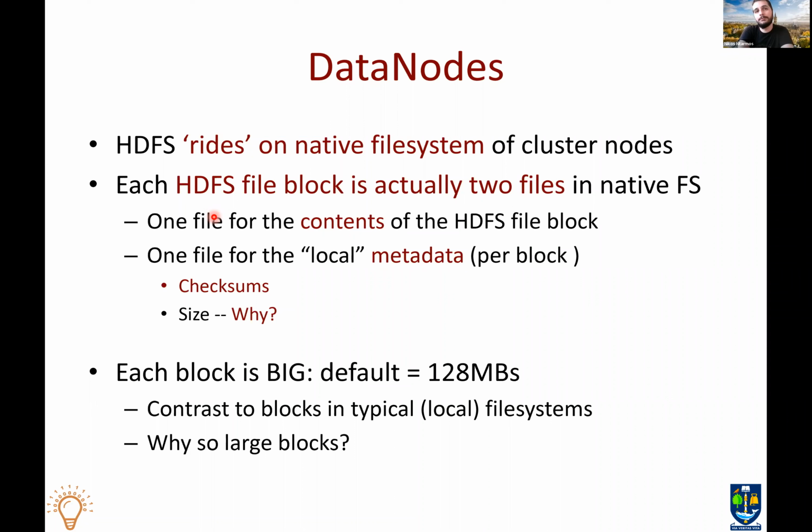Your file system is using blocks of typically 4 kilobytes, 8 kilobytes, give or take. Here we're talking at least 3 orders of magnitude higher, probably more like 4 or 5 orders of magnitude larger. Why would you need such large blocks? Why does this make sense? What do you think?